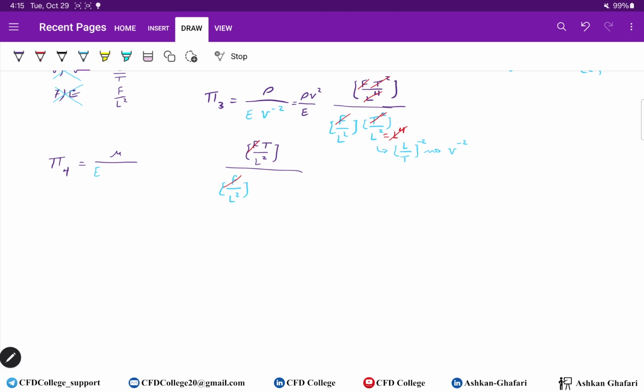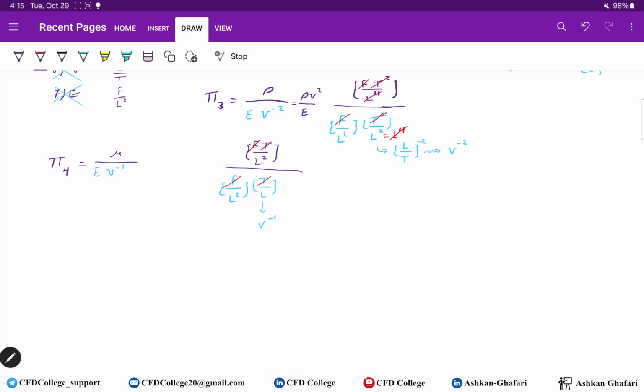We have to deal with T. So to cancel that T, I need T over L here, which means V to the power of minus 1. Now this T is gone, and we have L free, L to the power 3.